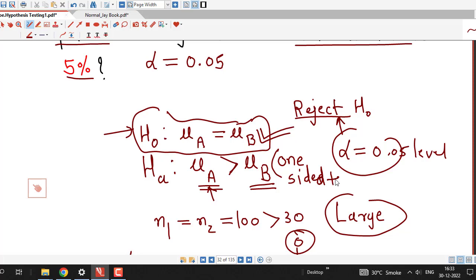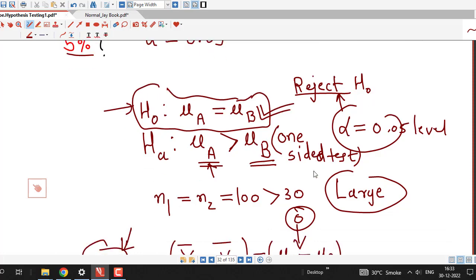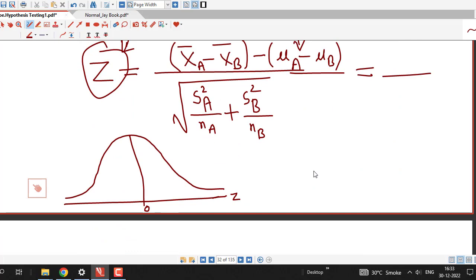This is a one-sided test or one-tailed test. So because mu A is greater than mu B, we can consider it as a right-tailed test, and alpha is 0.05. So suppose I consider this area as alpha equal to 0.05, then this value is Z alpha.